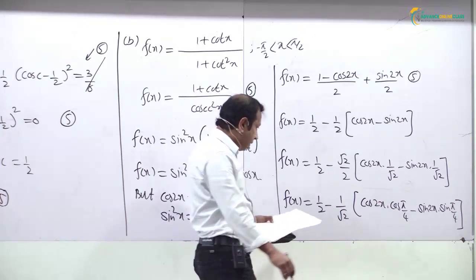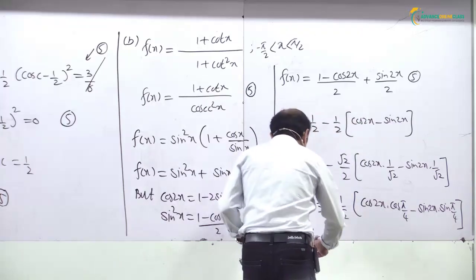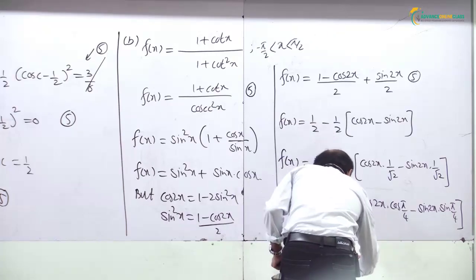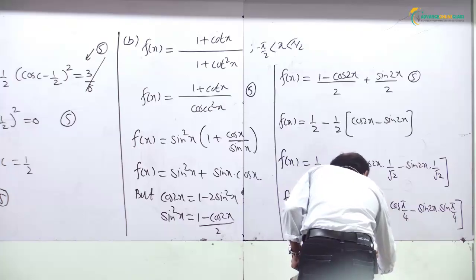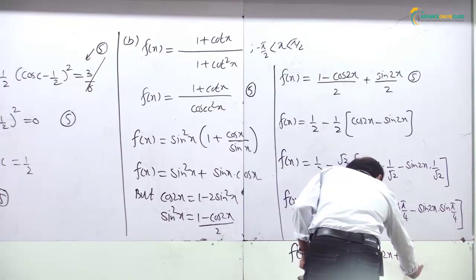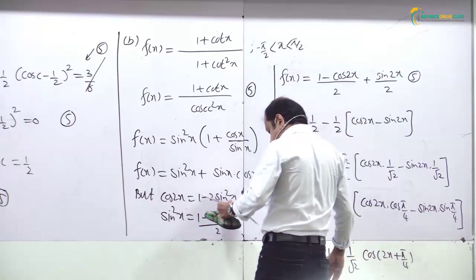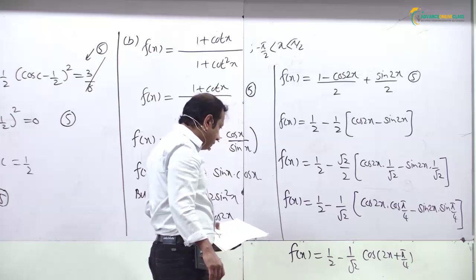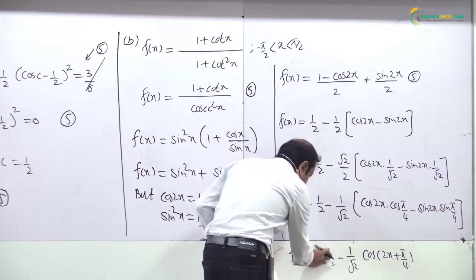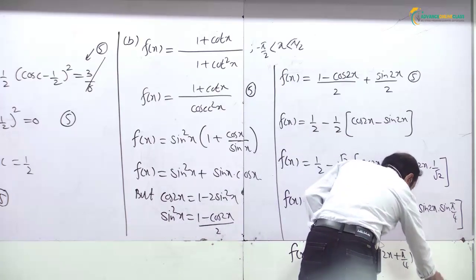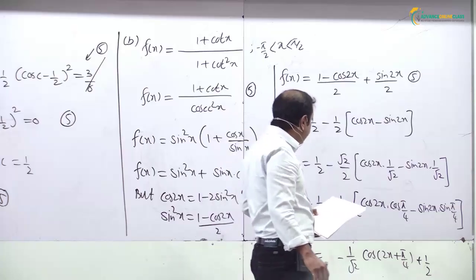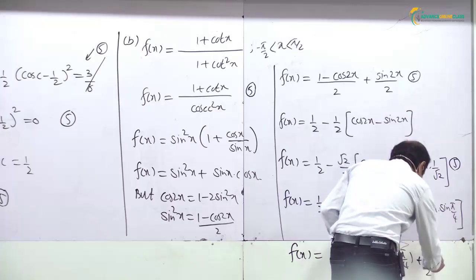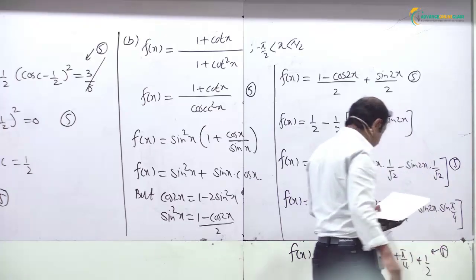Then this is really cos(a plus b), no? f(x) is equal to half minus 1 over root 2 cos(2x plus pi by 4). Then we can rewrite this way. This half I write last like this. Okay. Then for this 5 marks coming, for this other 5 marks coming.